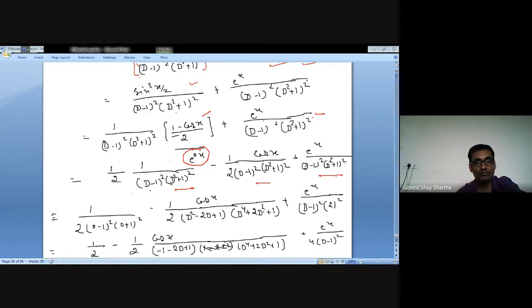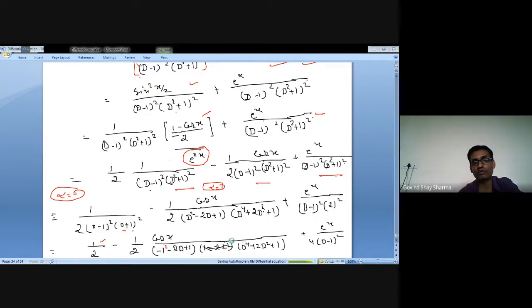1 upon, we replace d with 0 because alpha is 0 in this term. So replacing with 0, it becomes 1 by 2. Cos alpha x, alpha is equal to 1 here. So put minus 1 square, minus 1 square, minus 2d plus 1.